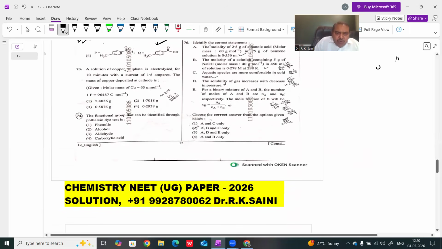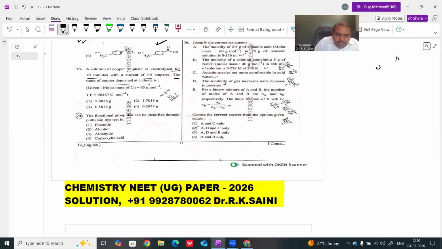Question 73. A solution of copper sulfate is electrolyzed for 10 minutes with a current of 1.5 ampere. Find the mass of copper deposited at the cathode.